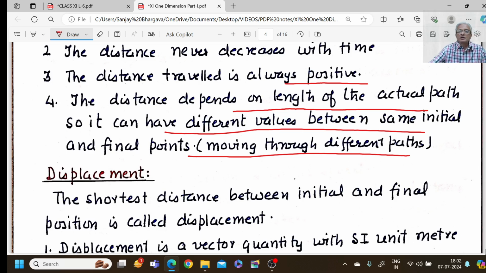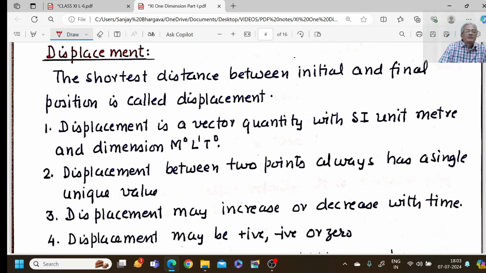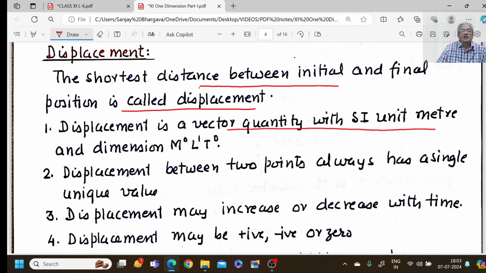Now let us come to the second quantity under consideration, and that is displacement. The shortest distance between initial and final position is called displacement. Displacement is a vector quantity with SI unit meter and dimensions M^0 L^1 T^0.